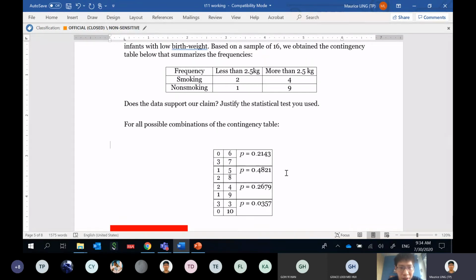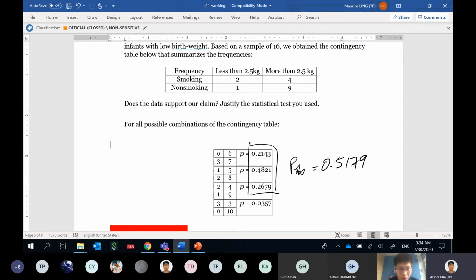The one with 0.2149, the third, and 0.26791. Okay, so basically you add up these three p-values, and you get a total p-value of observed equal to 0.5179.